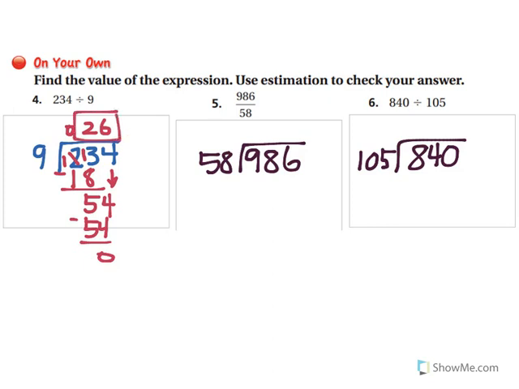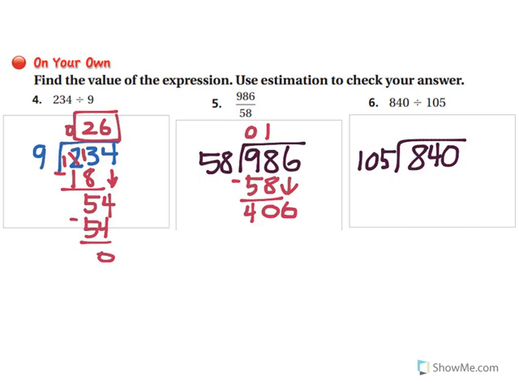All right. This one's a little tougher, maybe. 9 cannot be divided by 58, so I'll put a 0 here. And 58 times 1 is 58, times 2 is more than 100, so it's going to go in 1 time. So I'll put my 58 here. I'm going to subtract. 8 minus 8 is 0. 9 minus 5 is 4. I'm going to bring down my 6. I know this is where it gets a little tougher, and so this is where we're going to have to do a little estimating. 58 is approximately 60.